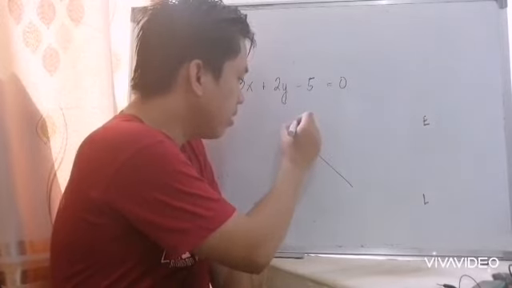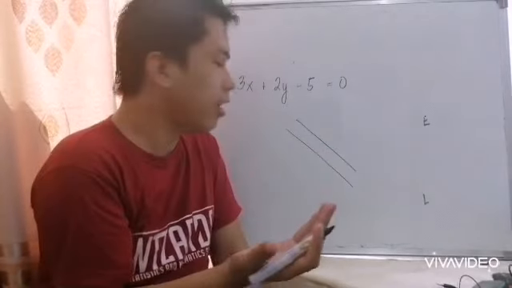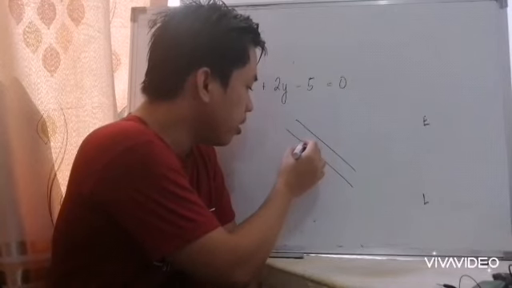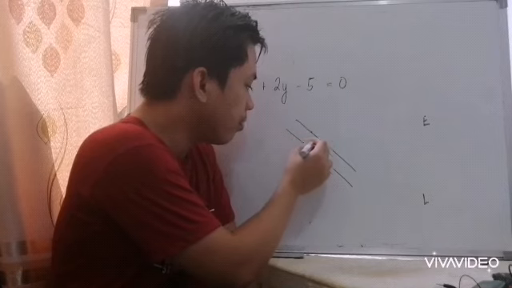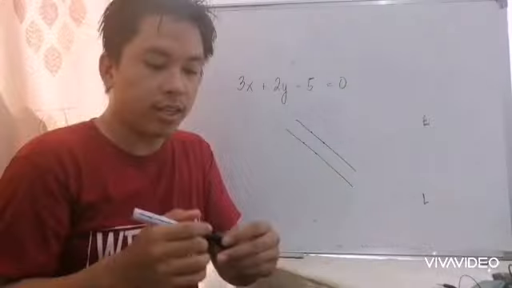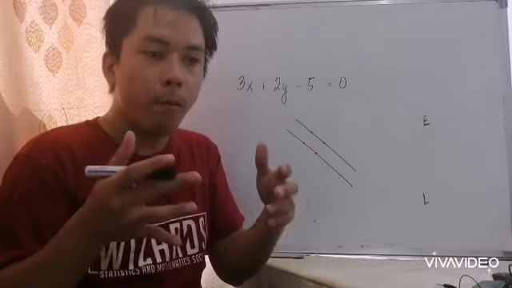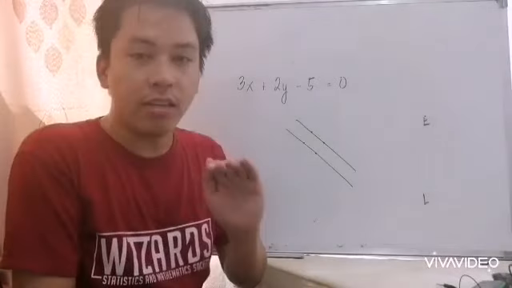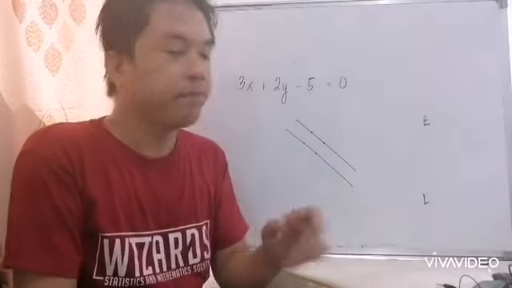These lines never intersect with each other. At a certain point here and a certain point here, the distance between the lines is the same as when we pick other distances. So technically, there's no way these two lines can intersect, even if we extend them to infinity.